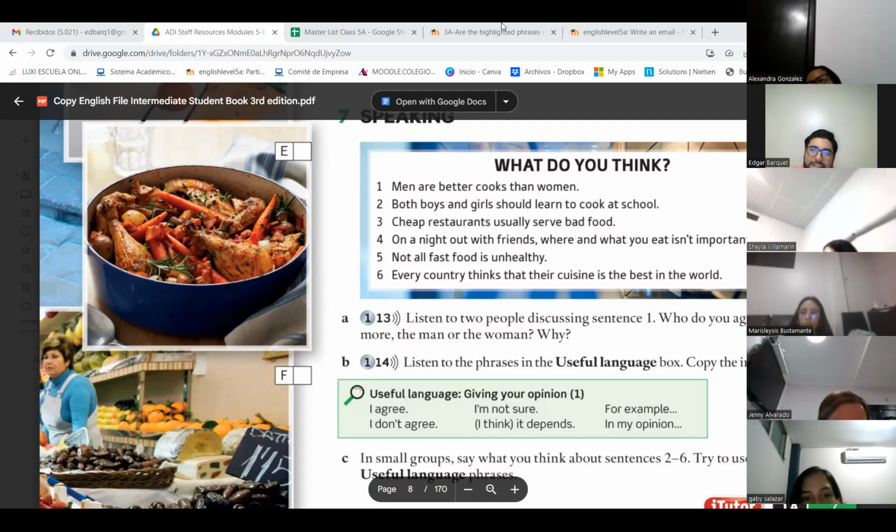All right. Ladies and gentlemen, thank you for sharing the opinions that you had on this activity. But now it's time for everybody to share his or her own opinion on every single one of these statements. I would like you to tell me if you agree, if you disagree, if it depends. Make sure in your recording you use any of these expressions.